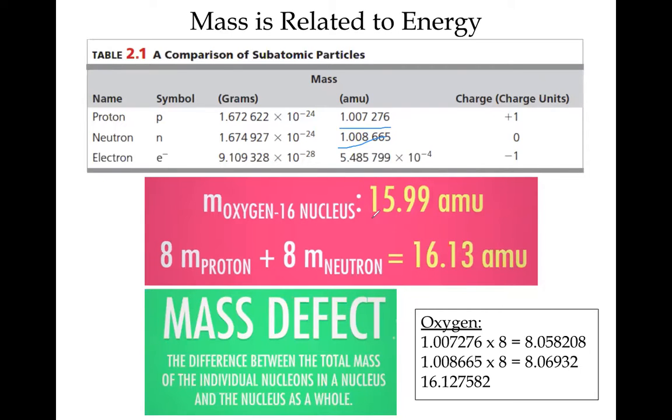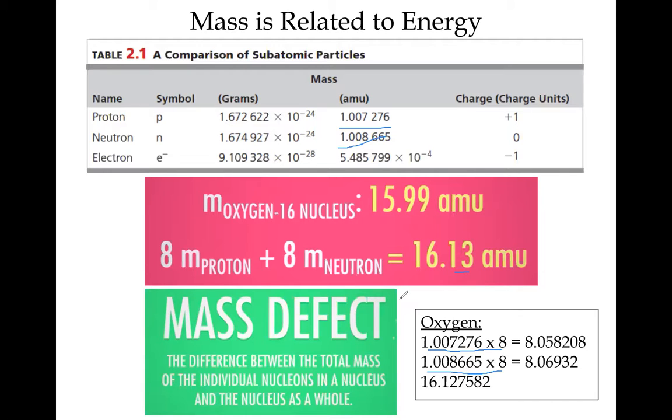So I'm just going to take those numbers and multiply by 8 and add that up. I get 16.127582 or 16.13. But if you were to look at the mass of the oxygen nucleus itself in totality, not by adding up the individual protons and neutrons, if you look it up in the periodic table, it's going to tell you that that is 15.99 AMU.